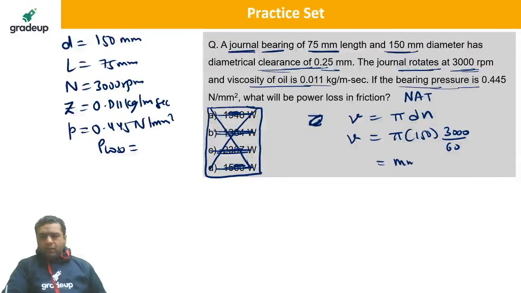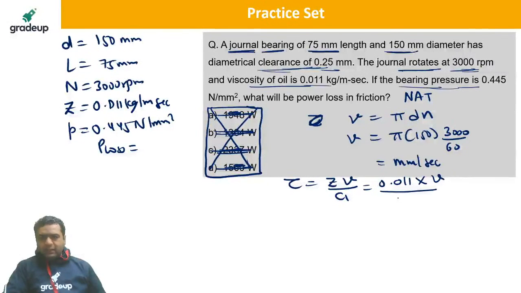Now shear stress will be Z V by radial clearance C1, which is half of the diameter clearance. It is 0.011 into V, whatever you will be getting, divided by 0.125.